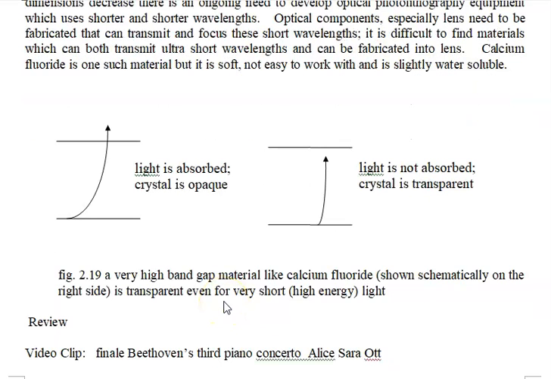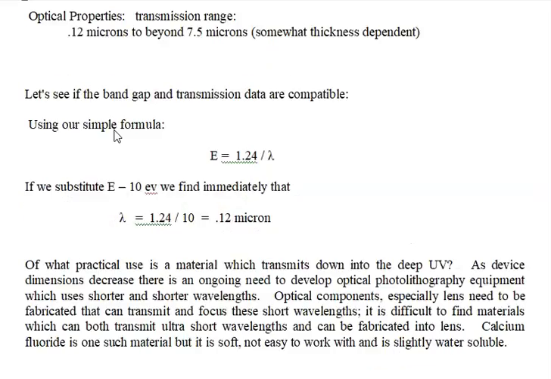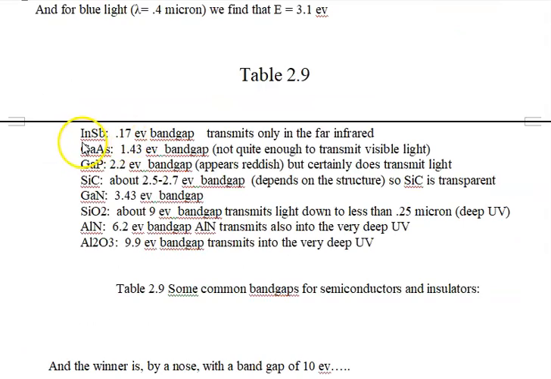If the band gap, notice this is the band gap from the conduction band to the valence band, is less than the energy of the incident light, the energy of the incident light will be able to kick an electron up from the valence band into the conduction band, and the material will be opaque. Examples are indium antimonide, gallium arsenide, silicon.